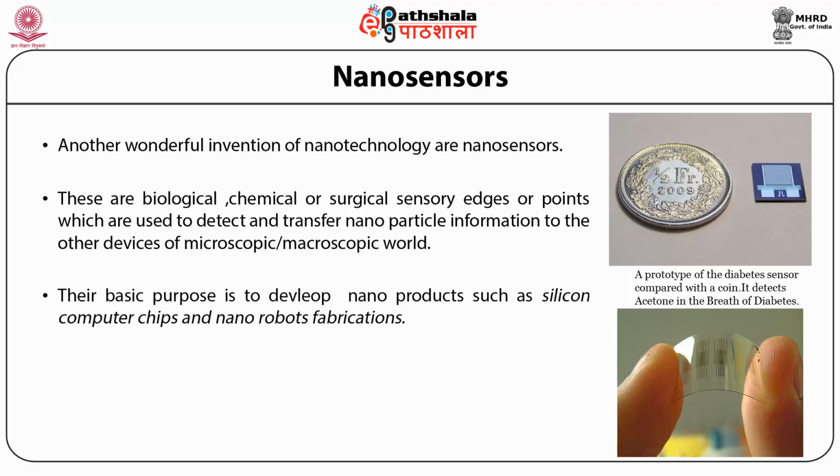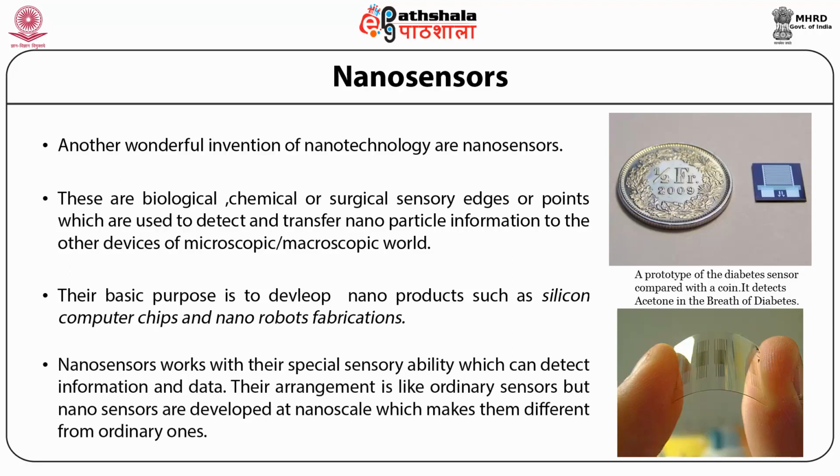Their basic purpose is to develop nanoproducts such as silicon computer chips and nanorobot fabrication. Nanosensors work with a special sensory ability which can detect information and data. Their arrangement is like an ordinary sensor, but nanosensors are developed at the nanoscale, which makes them different from ordinary ones.